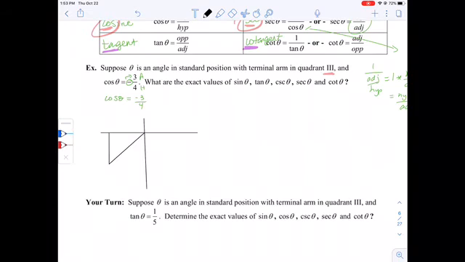Okay, and my adjacent, of course, this is adjacent over hypotenuse, so my adjacent is -3 and my hypotenuse is 4. And I know that I can also figure out this opposite side here by using Pythagoras again. So my opposite is going to be the square root of 4 squared minus 3 squared, which is the square root of 16 minus 9, which is the square root of 7.